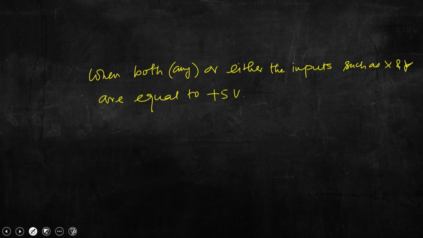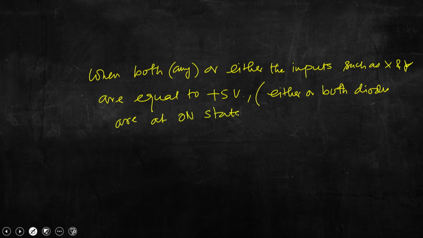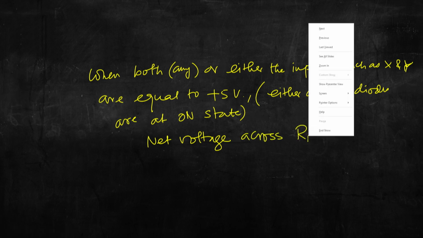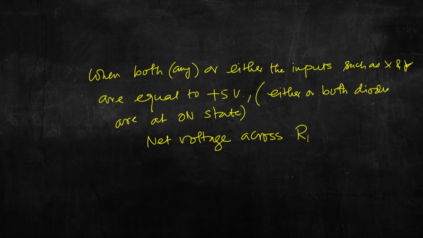So, when either or both diodes are in the on state, the net voltage across the resistance RL will be 5 volt.